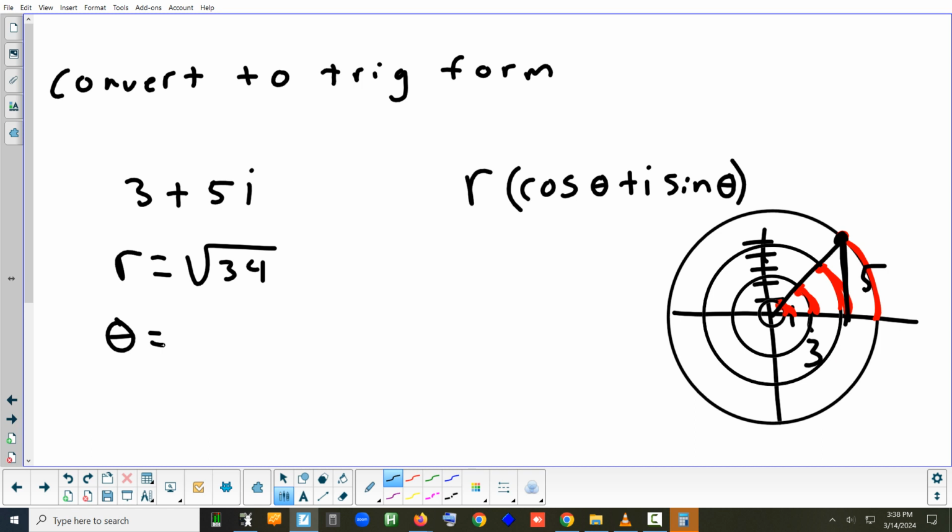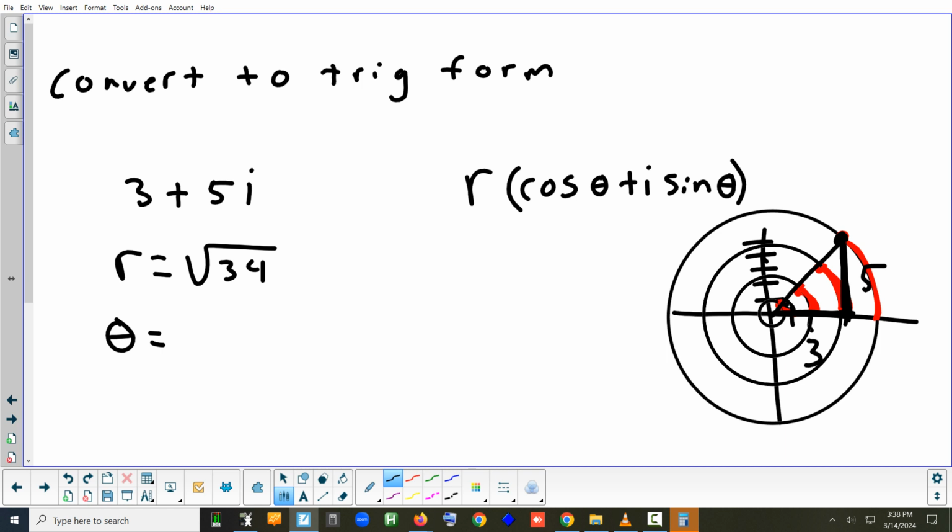Well, you're trying to find this angle from here to here, and you know this side and this side. What are the names of the two sides that you know? Opposite and adjacent. And what trig function has those two? Tangent. That's it.